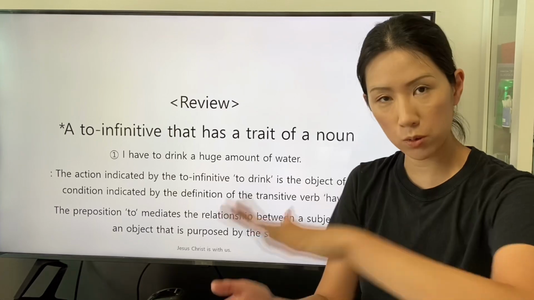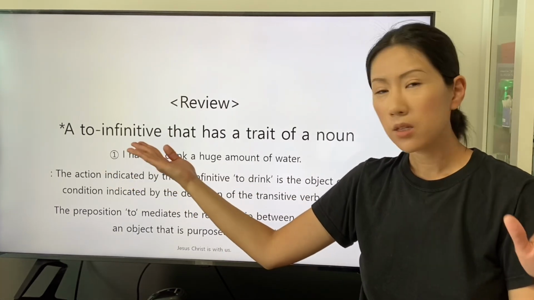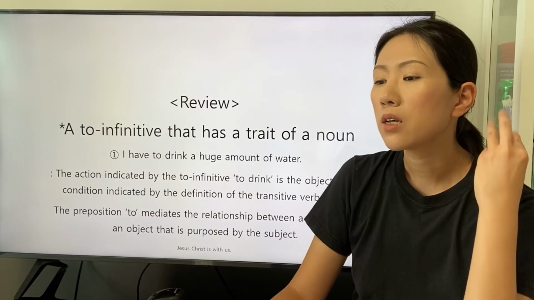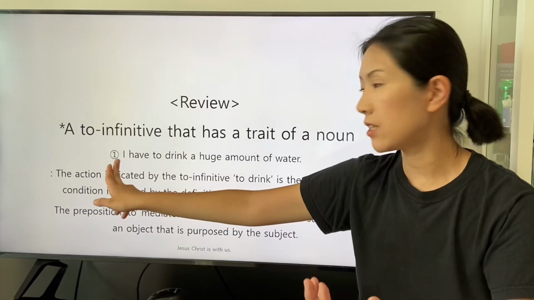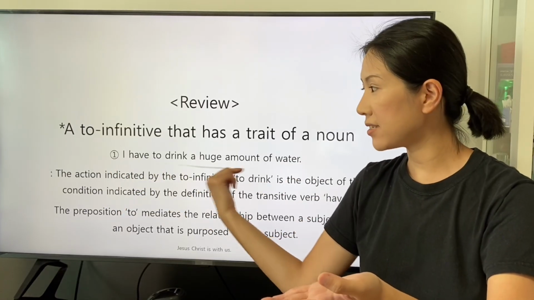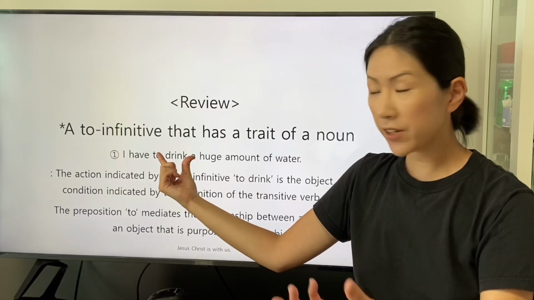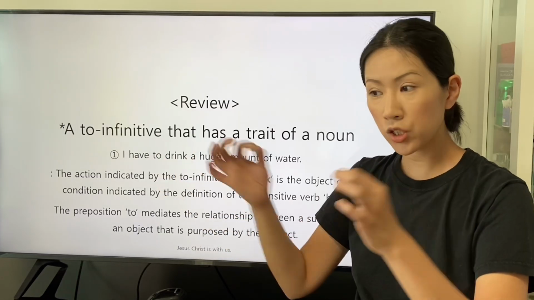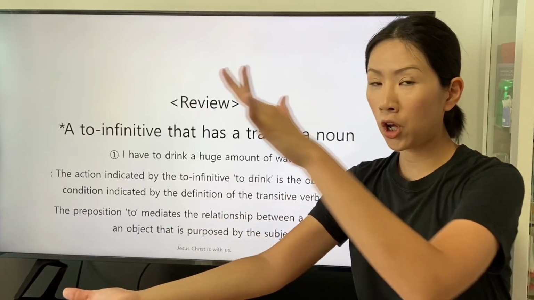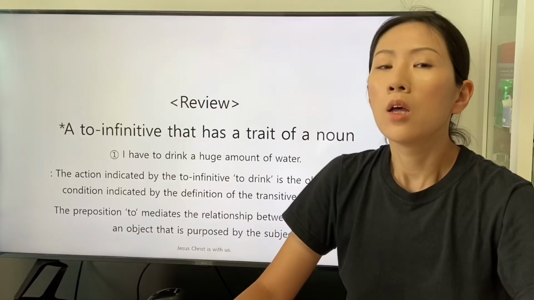As a purpose, we can understand this clause conveys the intent of the speaker as the subject who has a purpose to actualize an action indicated by the root infinitive drink to indicate an action as a purpose.